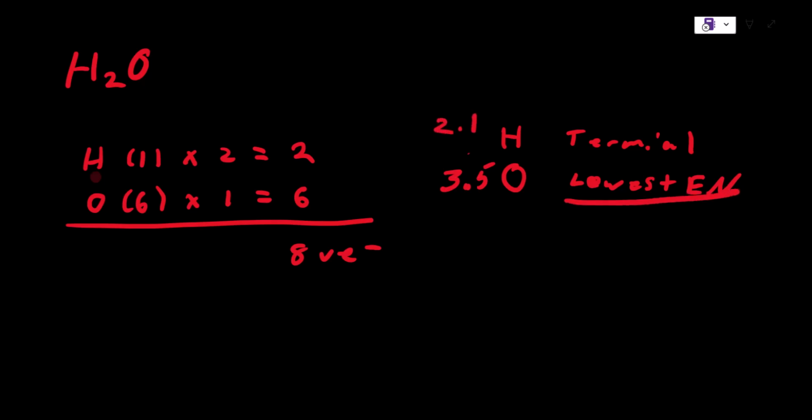So by this reasoning, hydrogen should be the central atom. But we know this rule will supersede the rule with the lowest electronegativity because hydrogen can only be bonded to 1 atom. And of course, the central atom needs to be bonded to more than 1 atom. So with that line of reasoning, we can determine that the oxygen is going to be the central atom, and the hydrogens are going to be connected to the oxygen.